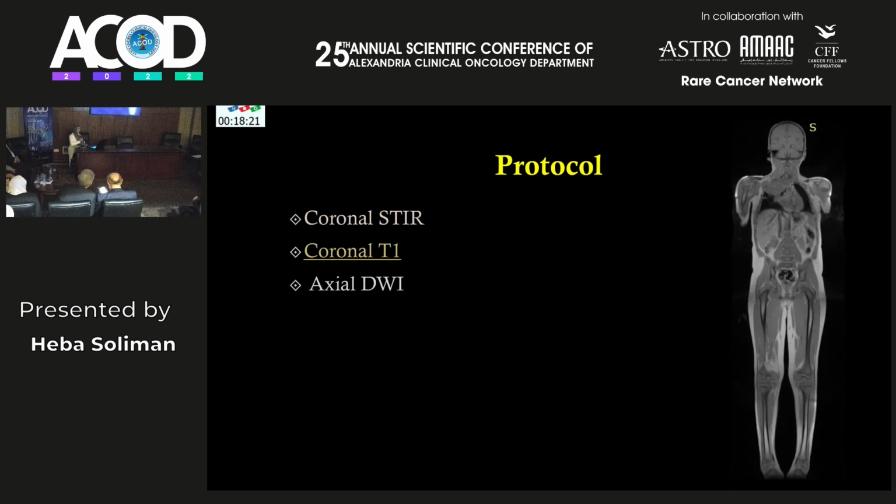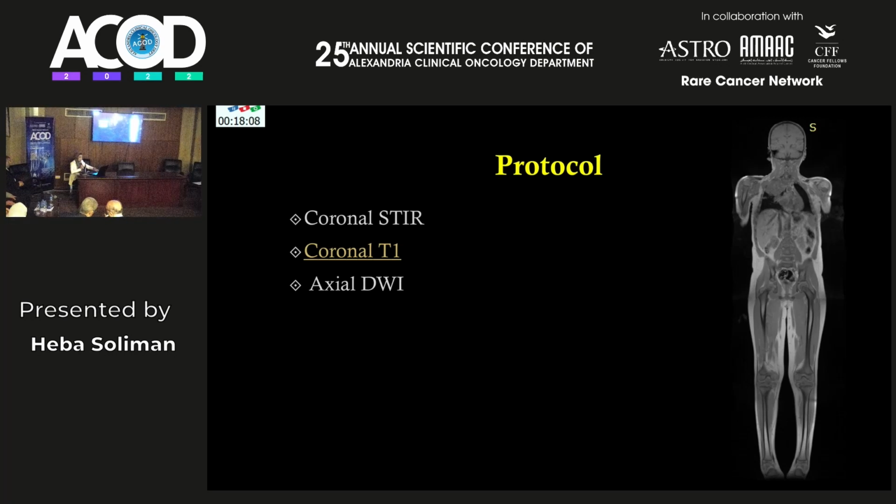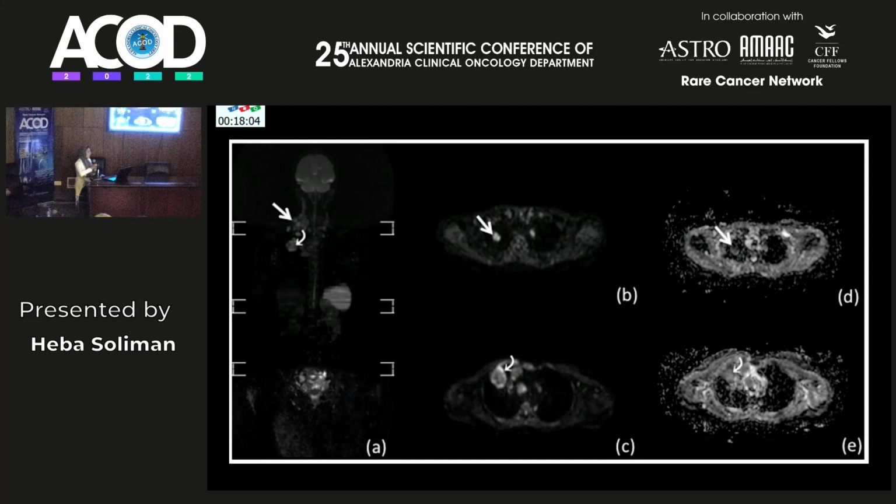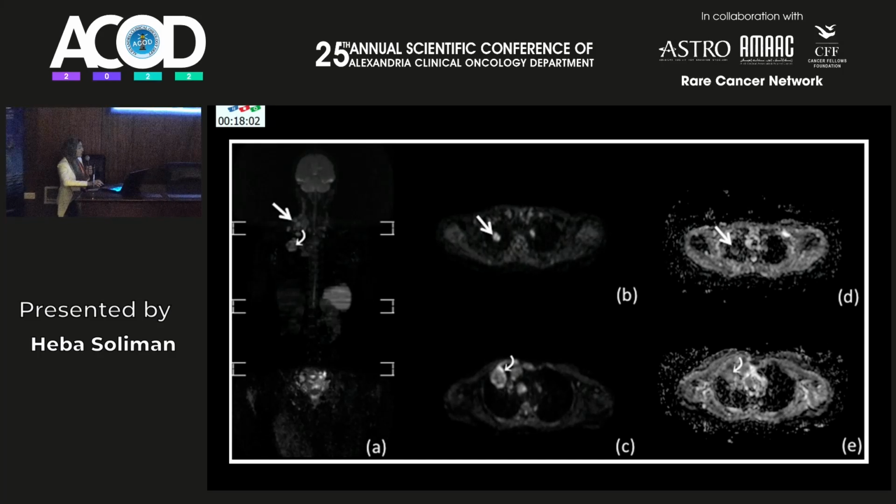Coronal T1, this is an image of coronal T1, also has the ability to characterize and detect the osteomedullary lesions. Axial diffusion provides some sort of functional data.